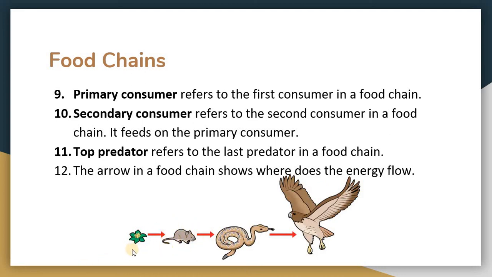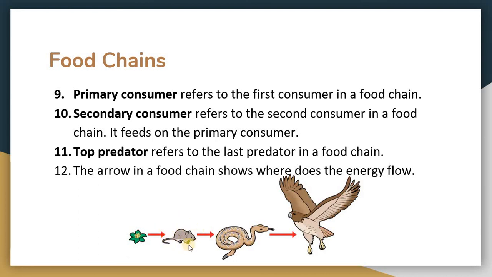So when the mouse feeds on the plant, it consumes the plant, and then the energy is transferred from the plant to the mouse, right? So the mouse has the energy right now, and when the snake feeds on the mouse, once the snake feeds on it, it will feel full, and that's where it gets its energy.